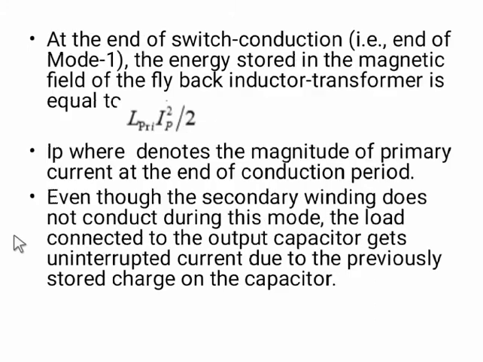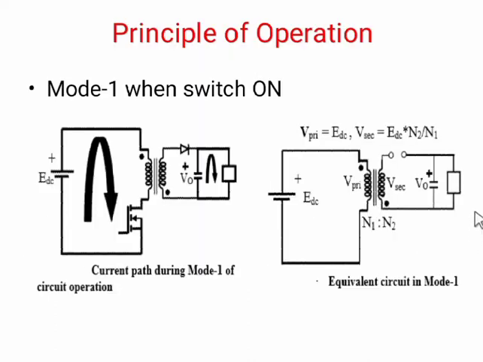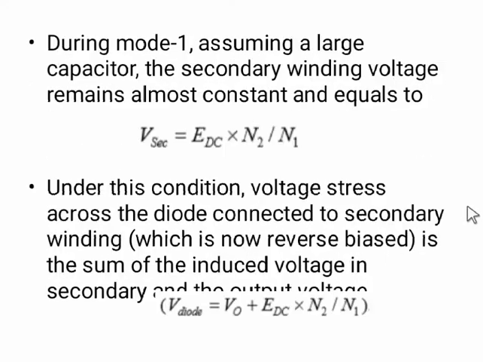That means the voltage across this diode is the secondary winding voltage EDC N2 divided by N1 plus the output voltage VO. So V diode is equal to VO plus EDC N2 by N1.